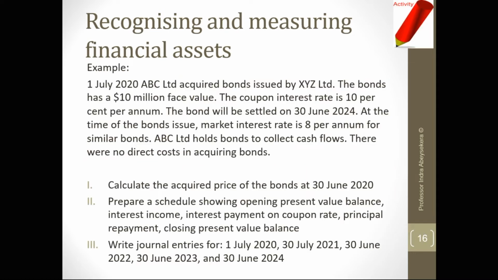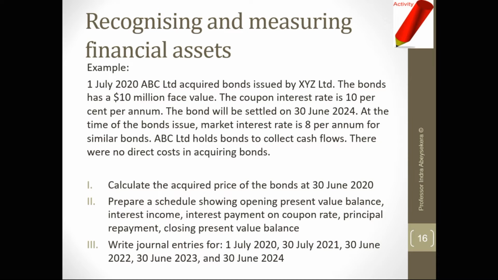So in this example, ABC acquired bonds issued by XYZ. So ABC has a financial asset, and we've been told the face value is 10 million, the coupon rate is 10%, and the bond will be settled in 4 years' time.